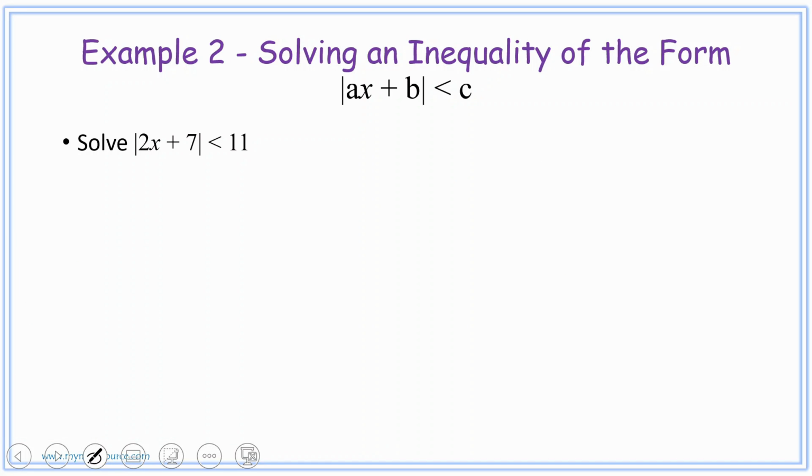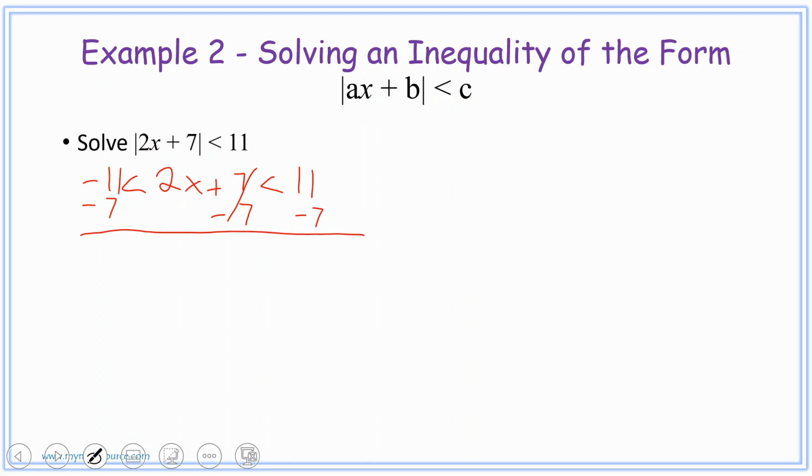All right, so let's go ahead and work this out. We know that we can have it be between negative 11, that's our other possible value, so we can rewrite this as a compound statement, negative 11 less than 2x plus 7 less than 11, as we can visually see in the example I just did. Now we can solve that by subtracting 7 on all sides.